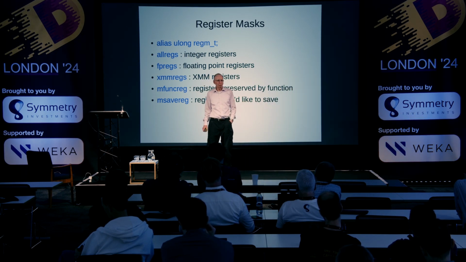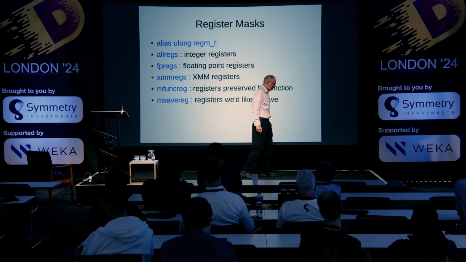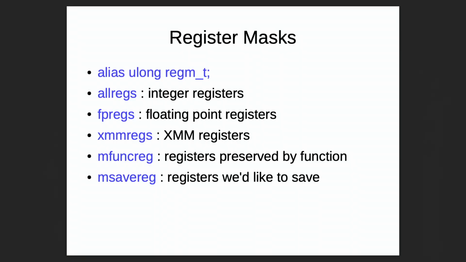I finally found a specification on exactly what registers are used for what. So there's only a subset of registers available to the code generator, and that goes into the global called allregs, which is all the integer registers you can use. And then you have fpregs, which is the mask of the floating point registers you can use.